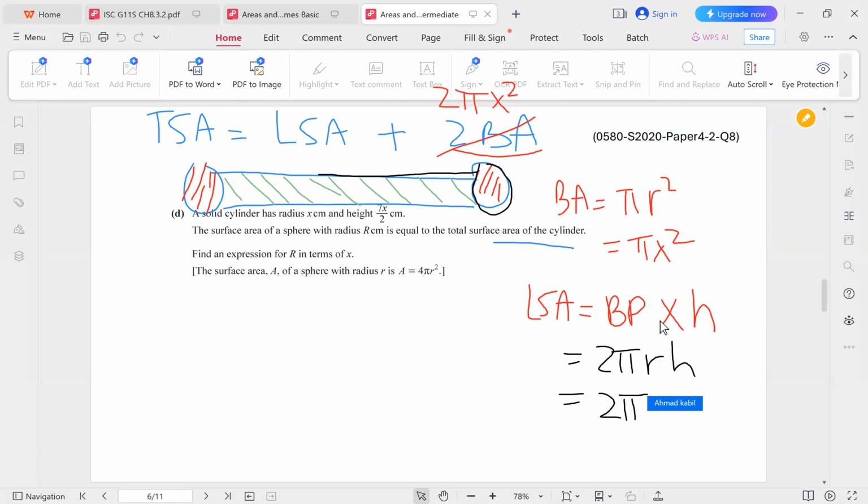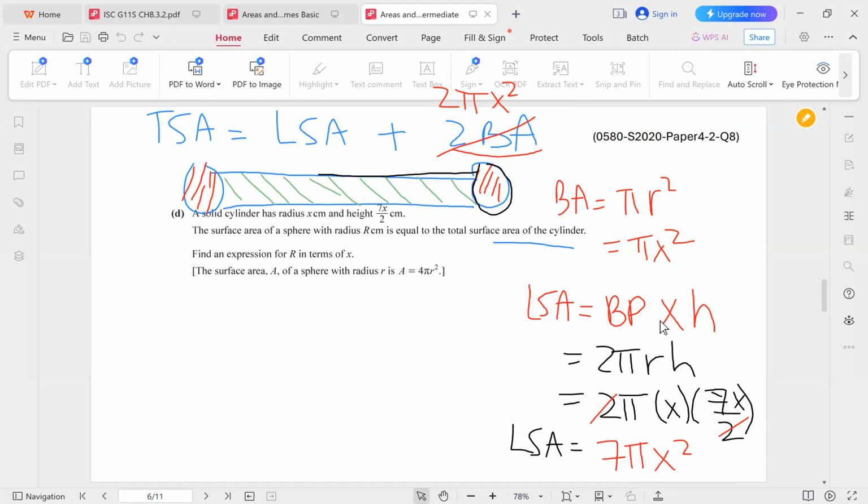So we said that the radius is x and the height is 7x over 2. Hence, the lateral surface area is going to equal, of course, you can just simplify here. You can cancel 2 and 2. So you get 7 pi x squared. So this would be the lateral surface area.